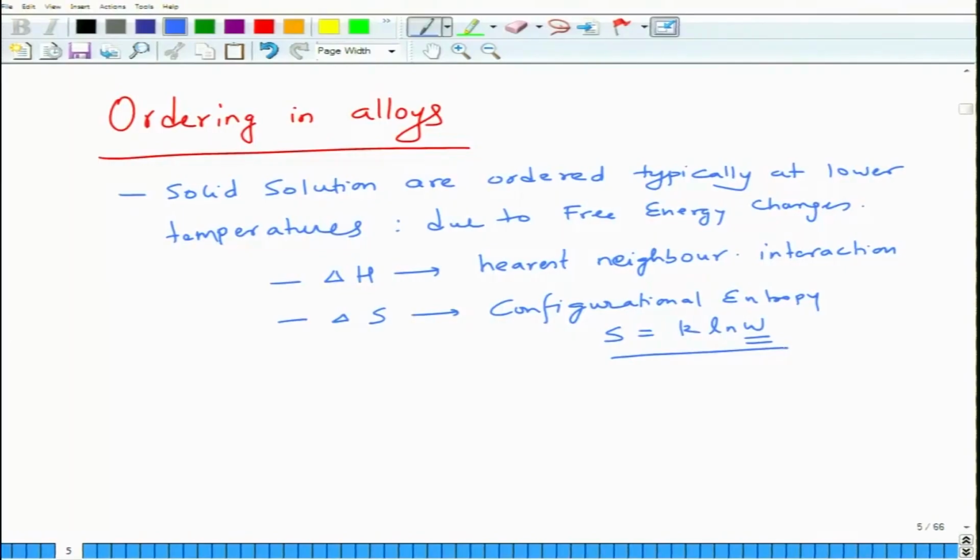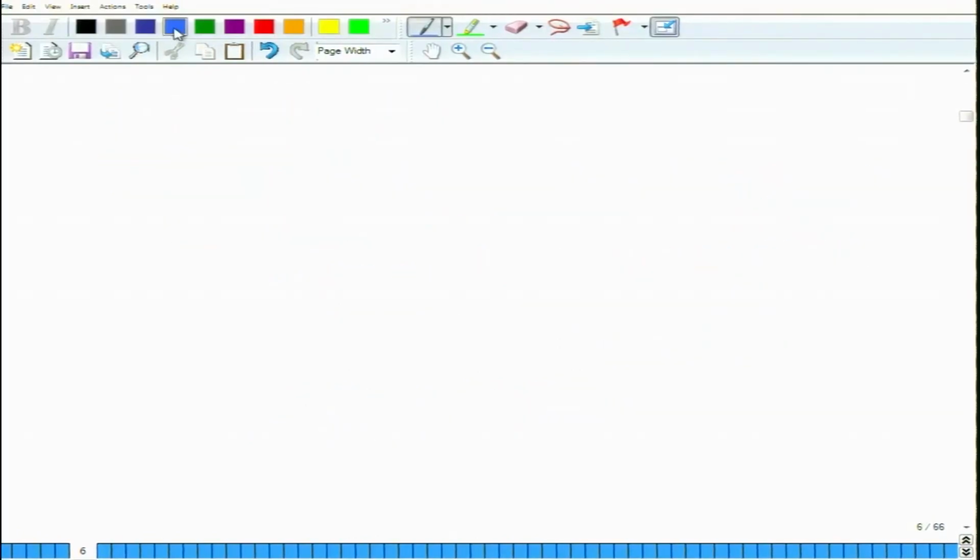After that you do delta G equals delta H minus T delta S. At a fixed temperature, work out what the free energy is, and whether you will have a disordered or ordered structure at a given temperature will be determined by minimization of free energy. Usually at high temperatures, random arrangements are preferred.